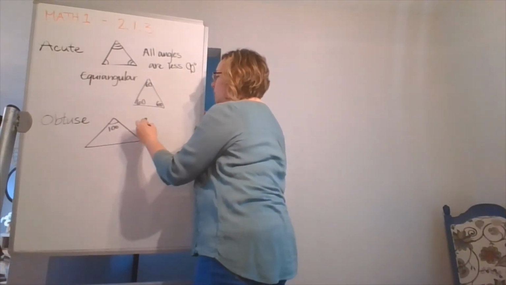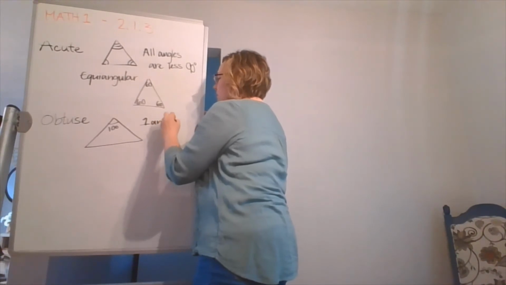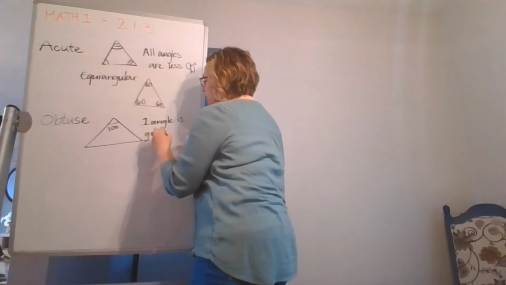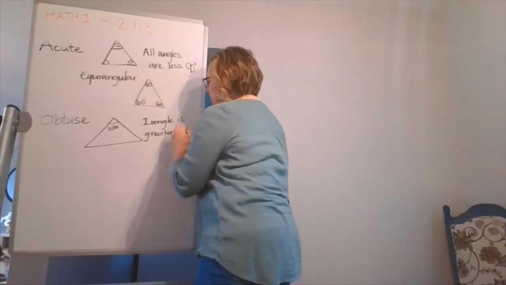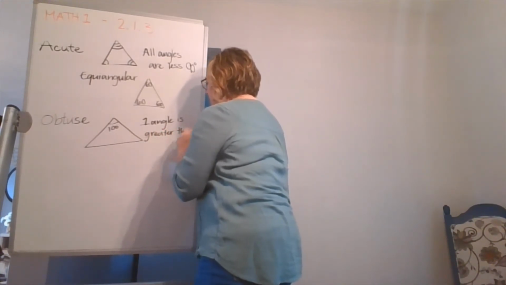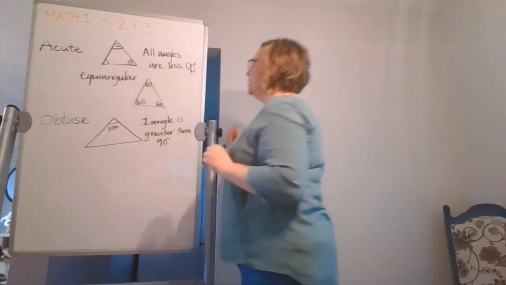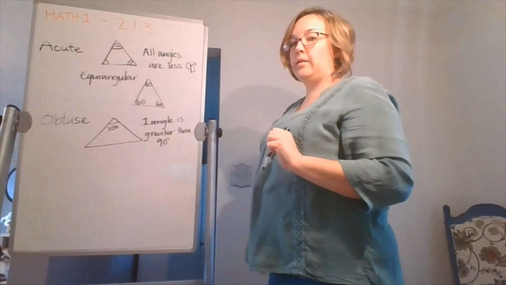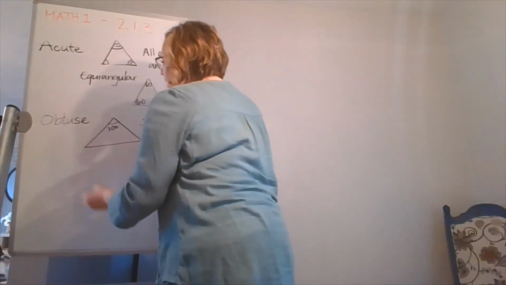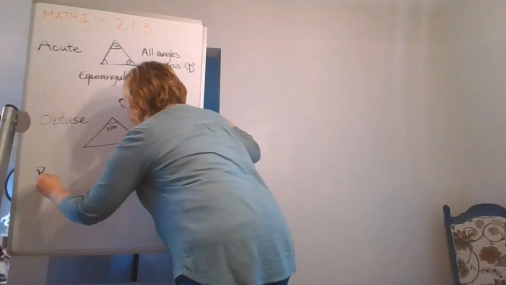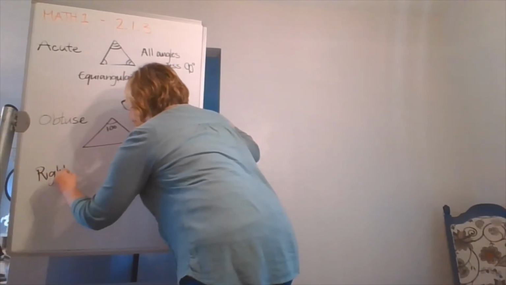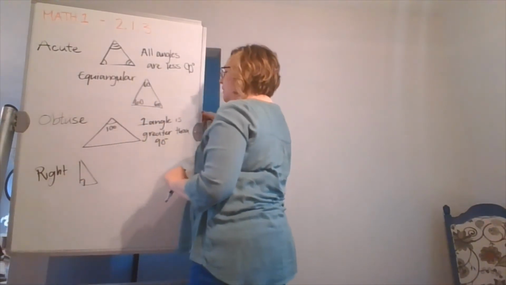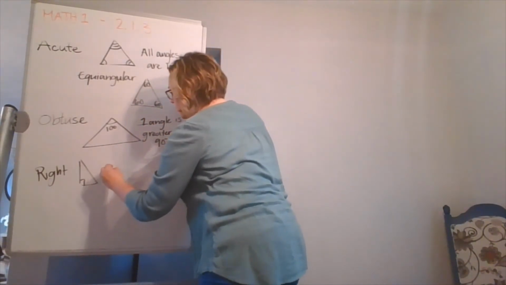So one angle is greater than 90 degrees. Acute triangles have angles less than 90 degrees, obtuse triangles greater than 90 degrees. And a right triangle has one angle that measures 90 degrees.